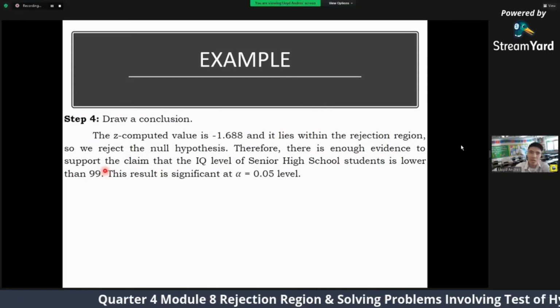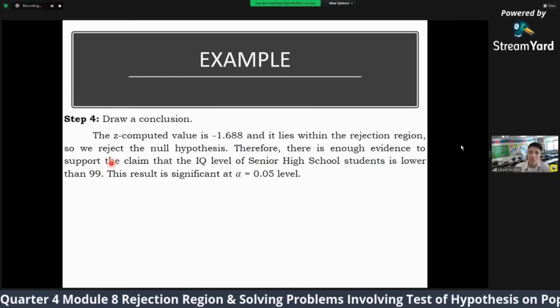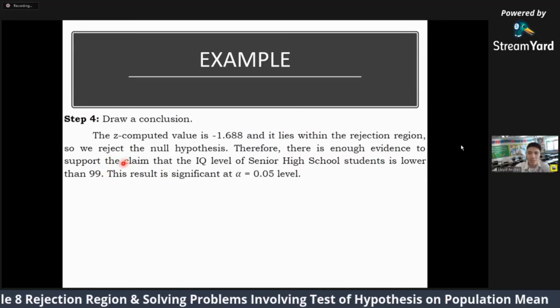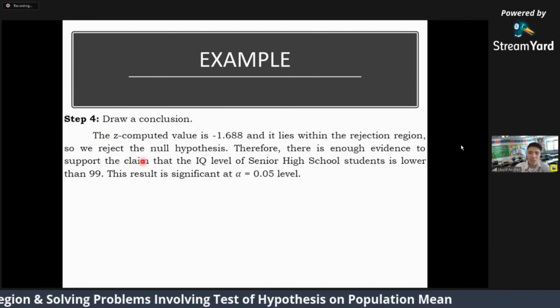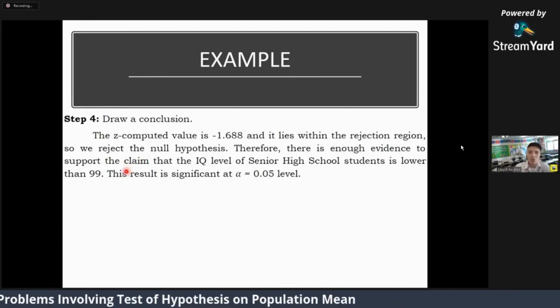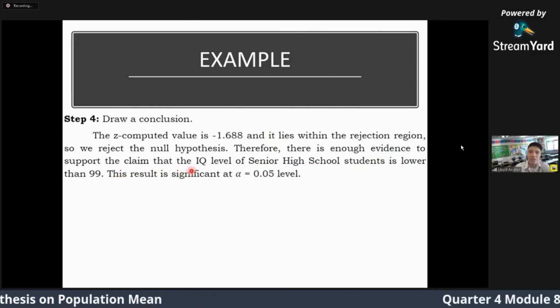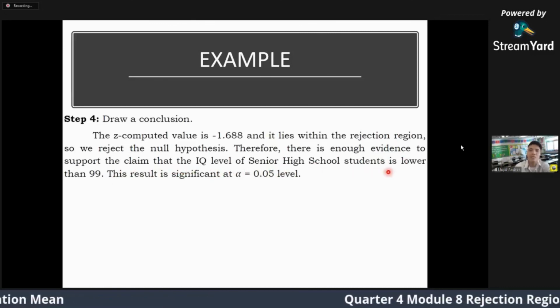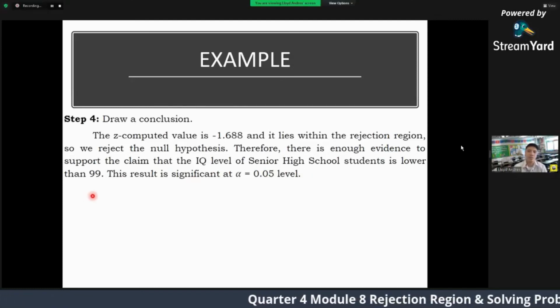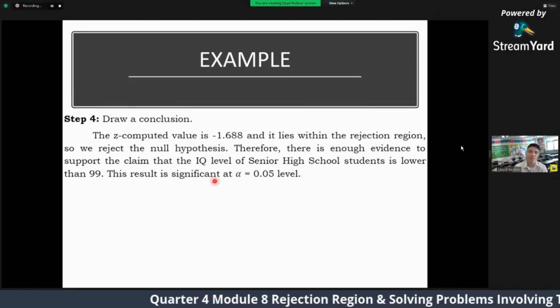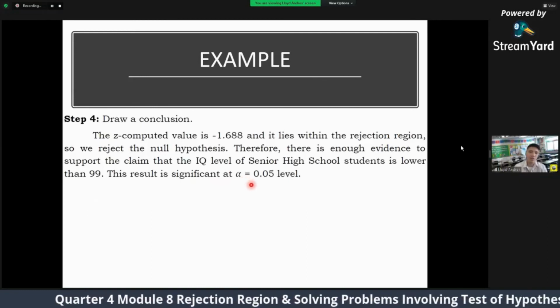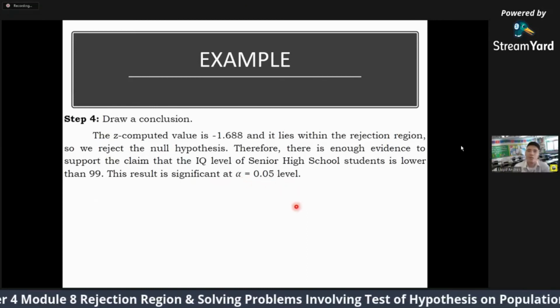We reject man. So ang null hypothesis again is walay change. So since we reject, we support tong na-change. So there is enough evidence to support the claim that IQ level of senior high school students is lower than 99. This result is significant at alpha, which is equivalent to 0.05 level.